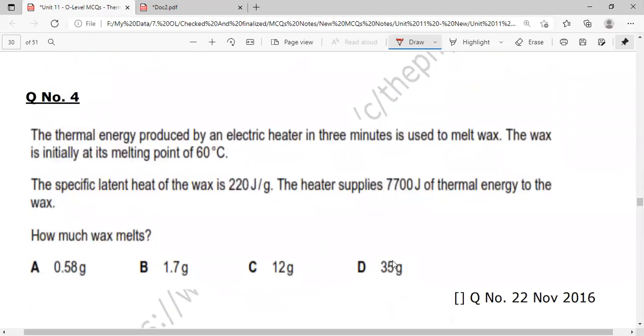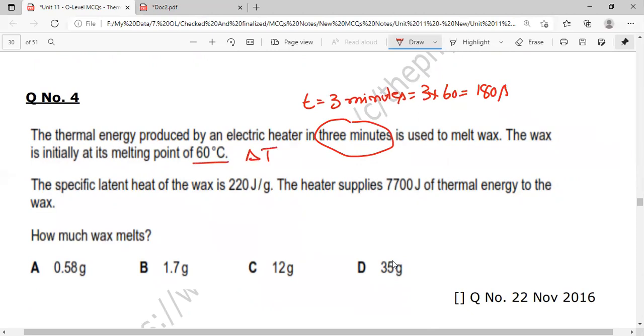The thermal energy produced by an electric heater in 3 minutes, definitely we will convert 3 minutes into seconds. 180 seconds is there. The wax is initially at its melting point. So delta T is there, 60 degrees Celsius.